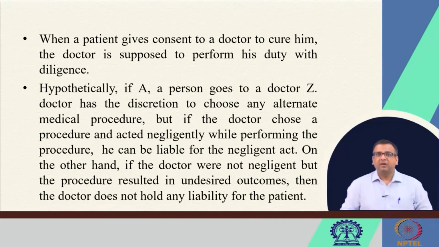When a patient gives consent to a doctor to cure him or her, the doctor is supposed to perform his or her duty with diligence, with due reasonable skill and care.